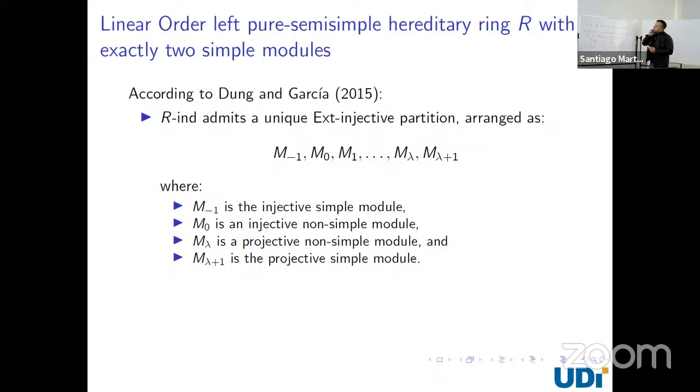What other properties are there? Other special properties implied by the works of Dung and Garcia are the following. If we take, for example, alpha less than beta, and we use M alpha and M beta, then we have two nice properties here. For example, we can say the model M alpha finitely cogenerates the model M beta, and this happens in the order of this new linear order we have here.